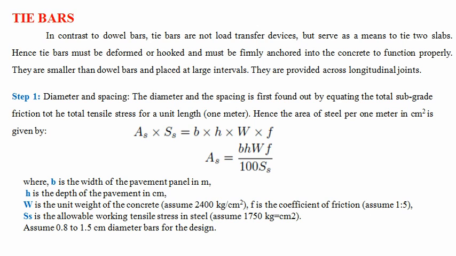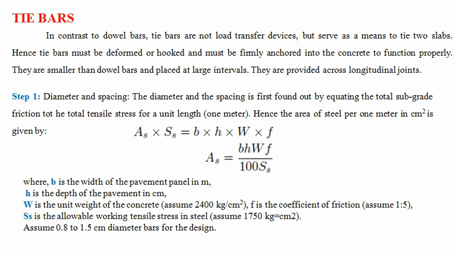For the design of the tie bars, the first step is in regards to the diameter and the spacing. The diameter and the spacing are first found out by equating the total subgrade friction to the total tensile stress for a unit length, that is 1 meter.